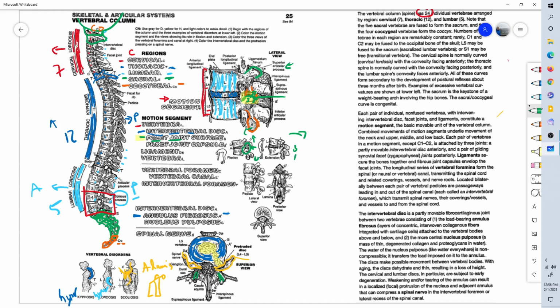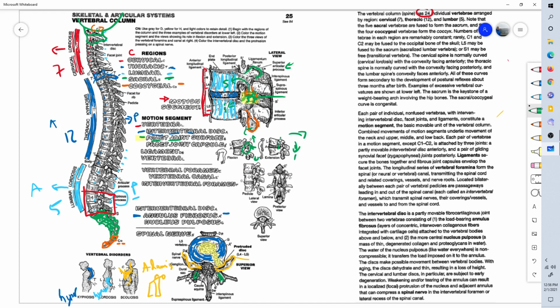The inferior process of the superior vertebra extends and glides downward on the superior process of the vertebra below. So, whereas this is the superior vertebra, the one above, this is the inferior vertebra, the one below, this is the superior process on the inferior vertebra. And this is the inferior process on the superior vertebra.